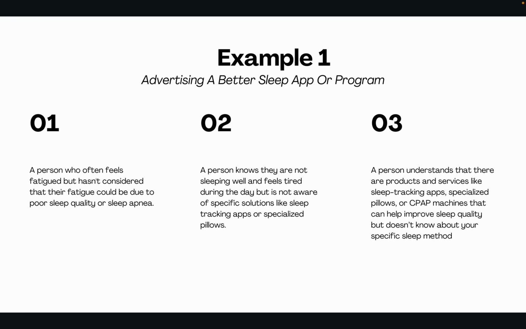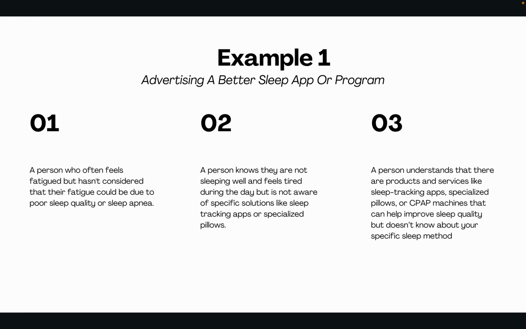So this person constantly feels fatigued, tired throughout the day, but they've not tied it to sleep quality, right? Now, if we're targeting this kind of prospect, what would we say in our ads? We would talk about the symptoms, right? What they're experiencing, so that they can identify it and tie it into poor quality sleep or sleep apnea, right?